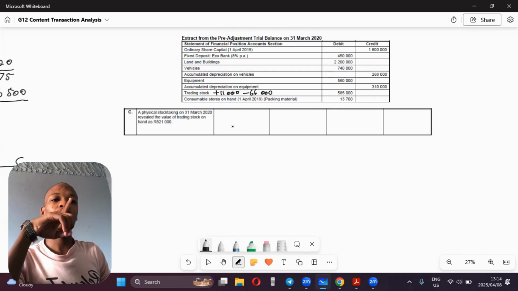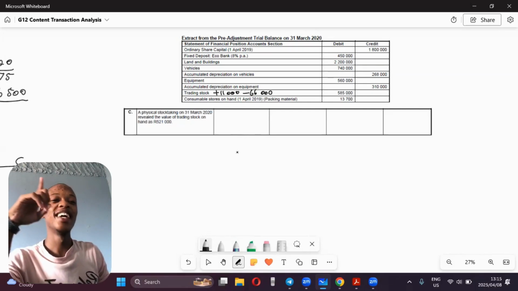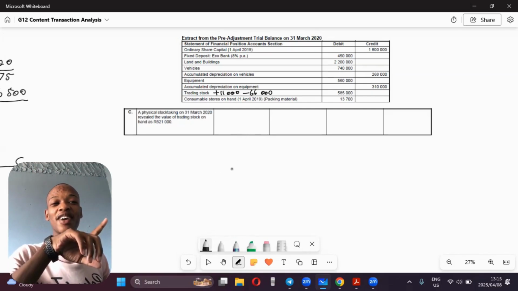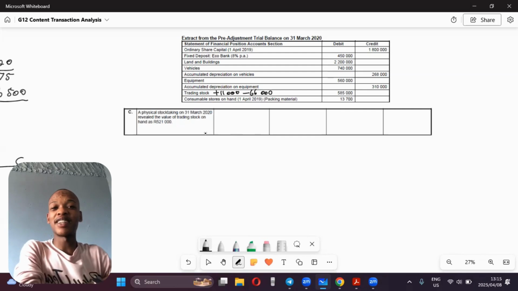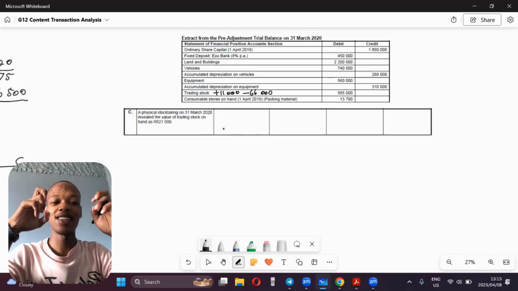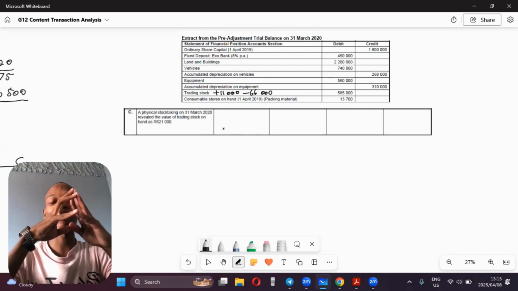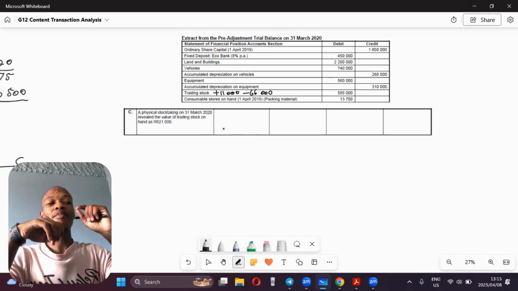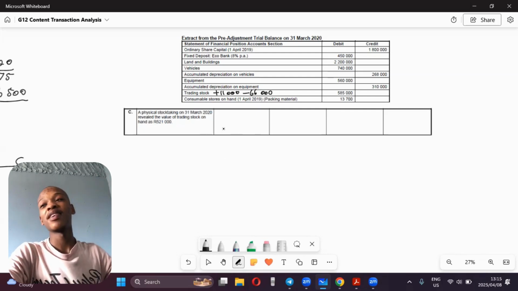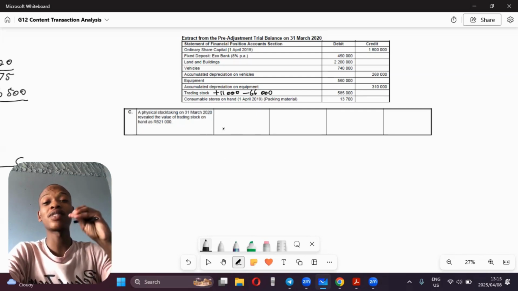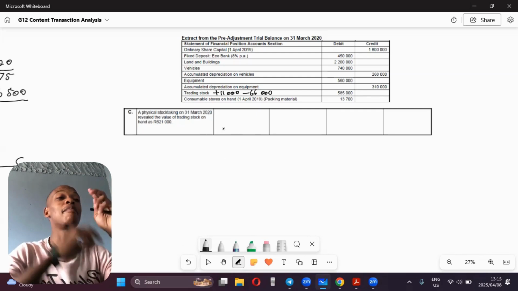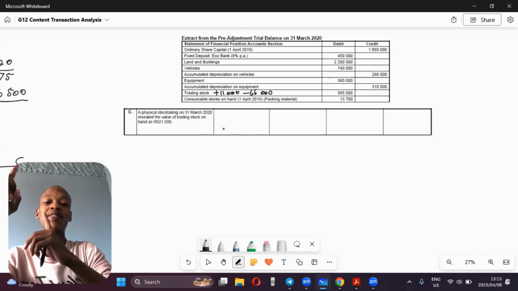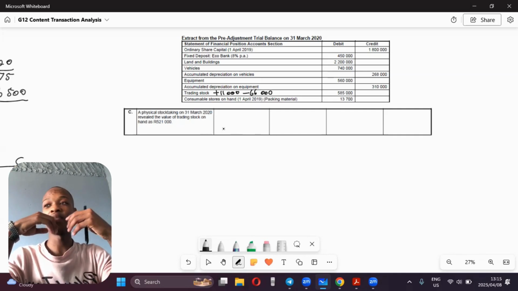And then now we are told that the stock taking on 31 March 2020 revealed the value of trading stock on hand is 521,000. Remember who is a stock taker? We have a specialized stock taker for the business, and then the external auditor will come with his or her own stock taker to make sure that the amount we have reflected is correct.